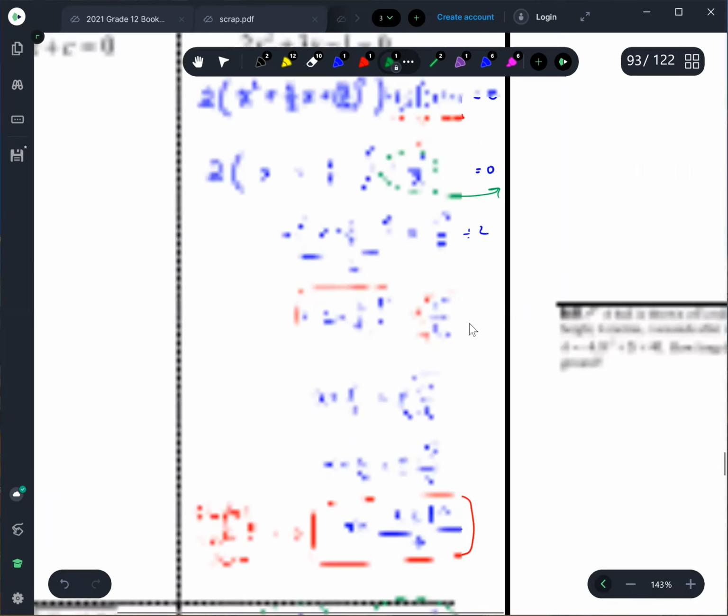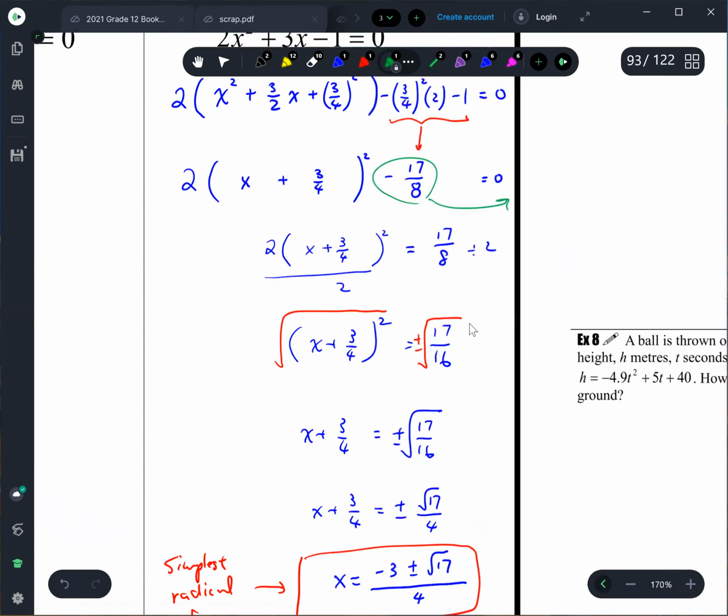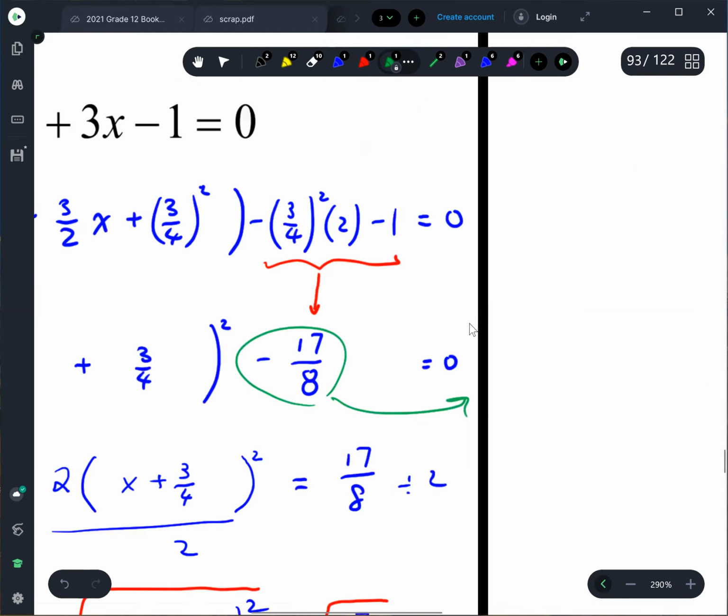Okay, so I have a question about how we got the 17 over 8. 17 over 8 is from simplifying the balance, right? Remember, you need to follow order of operation. So let's do it on the side. That's the balancing part.